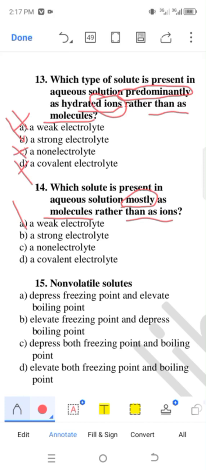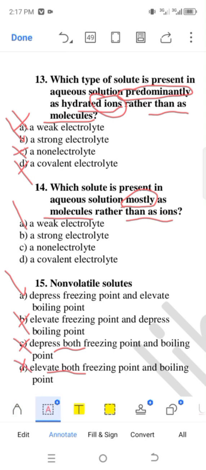Depresses freezing point and elevates boiling point, yes, it's correct. Elevates freezing point, no. Depress the freezing point. Depress both, no. Just depress freezing point, elevate boiling point. Elevate both, no. Elevate just boiling point and depress the freezing point.